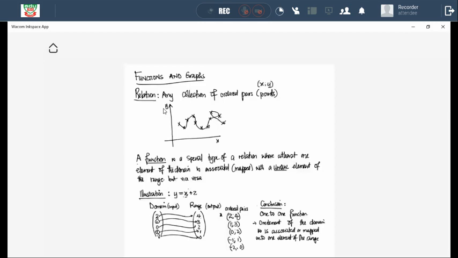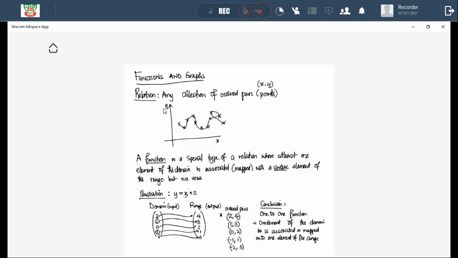Look at this. One element, which was 2 for the first one, is mapped onto one element of the range, which is 4. So we call it a one-to-one function. Okay, so that's the first type of function that we have.